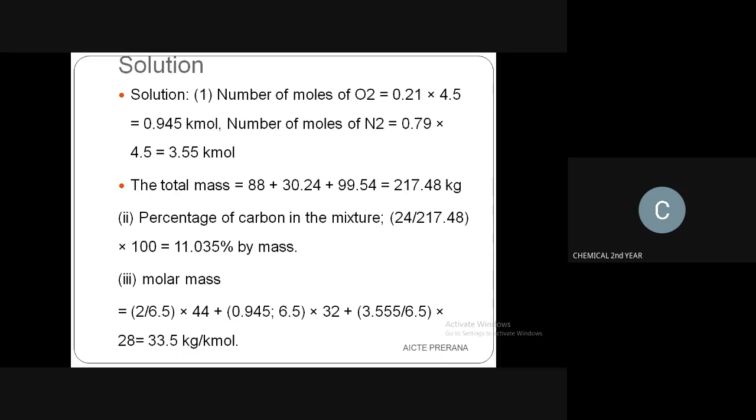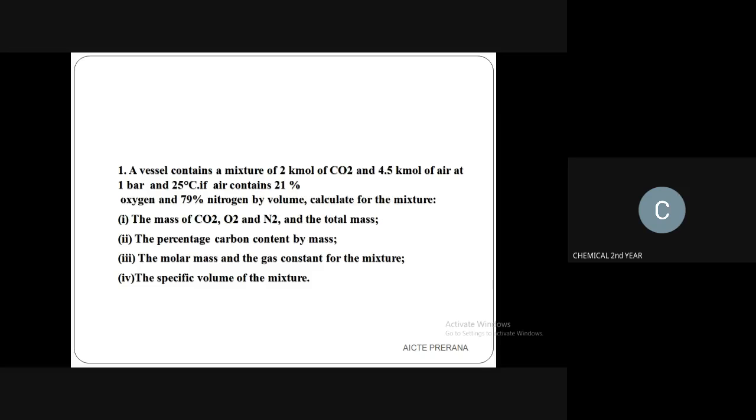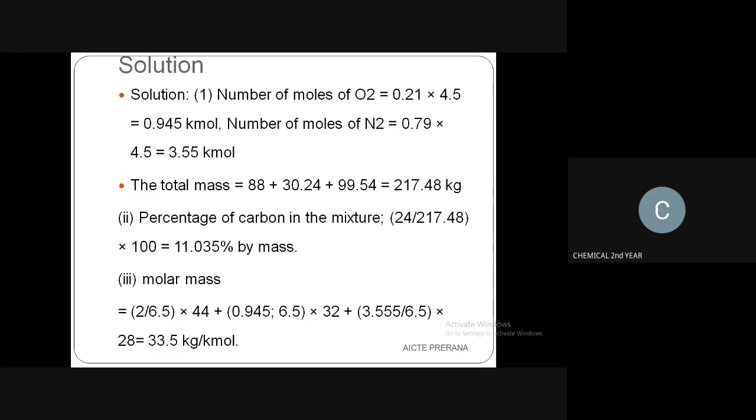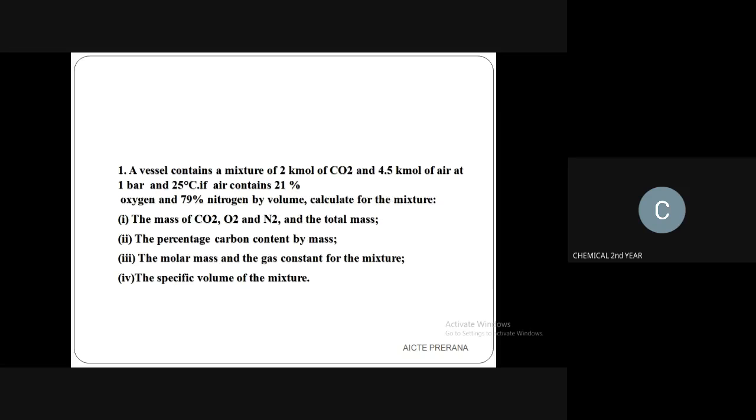Plus, then next one is oxygen. For oxygen they have given us 21 percent. Here, for carbon dioxide they have directly given us 2 kilomole.